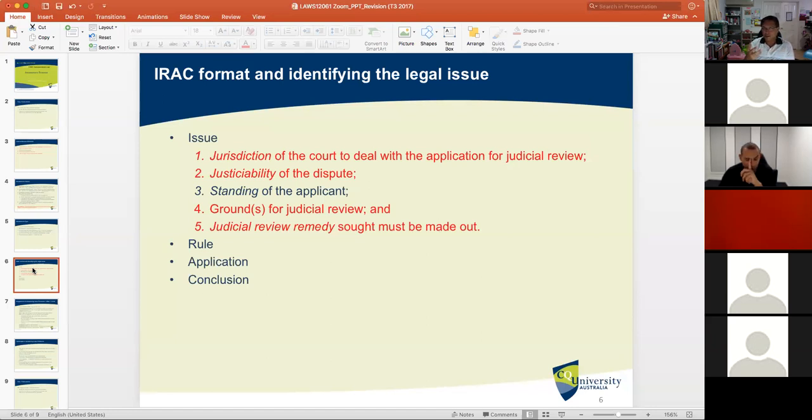Can you base it on Section 39B of the Judiciary Act 1903 or Section 75(v) of the Constitution because it is against an officer of the Commonwealth? These are questions about jurisdiction which you need to identify. As I said, if the decision is made under an enactment, go for the ADJR Act because it's simpler, because it's a codification of the grounds and the powers of the court in relation to judicial review.